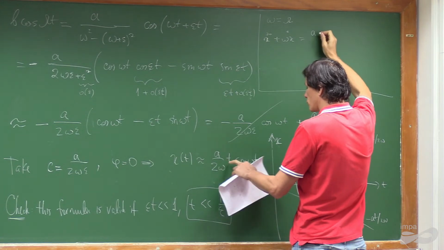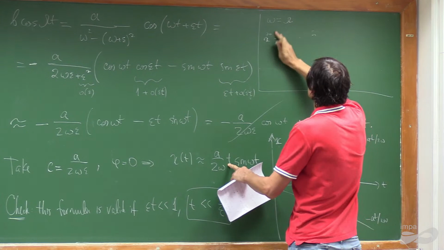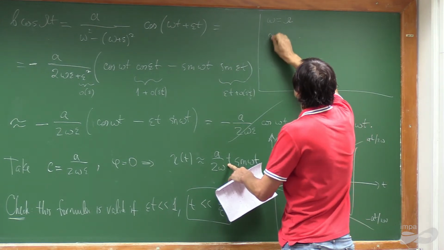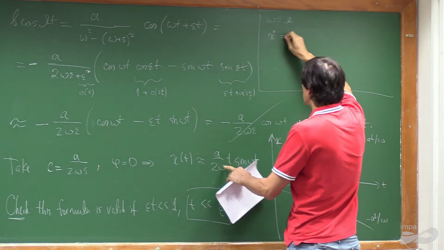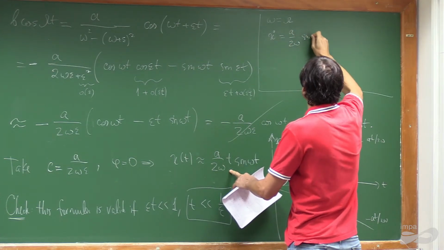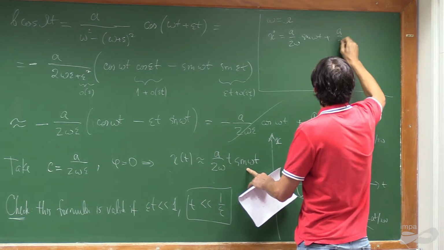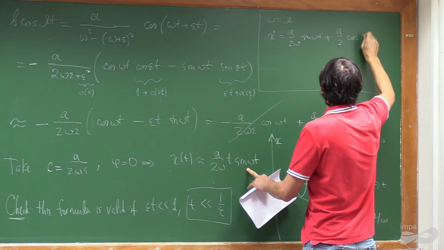So let's compute the first derivative first. X dot equals A of 2 omega sine omega t plus A over 2 cosine omega t.